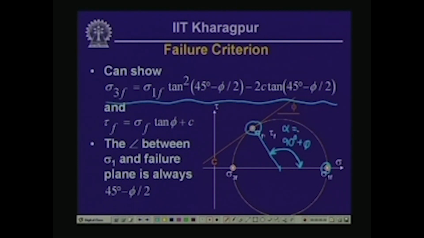So, in this case 2 alpha is equal to 90 degree plus phi, that gives us alpha is equal to 45 degree plus phi by 2.